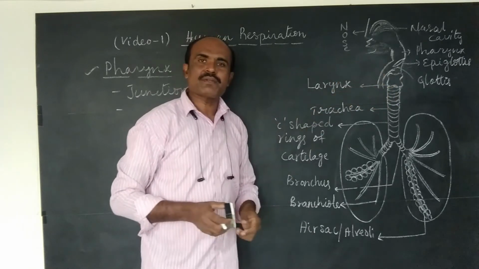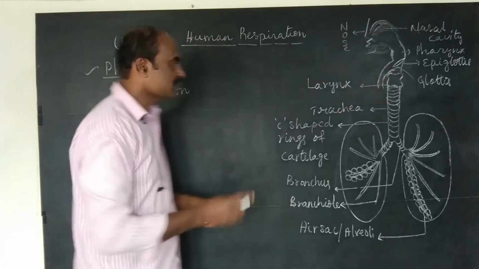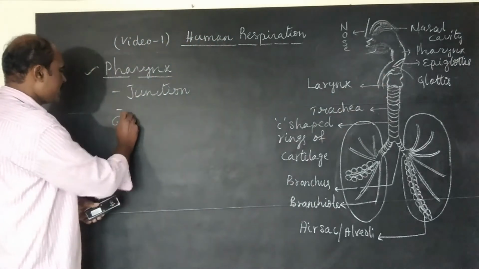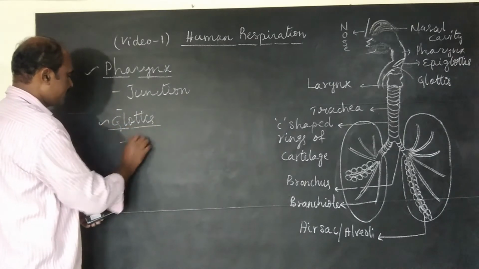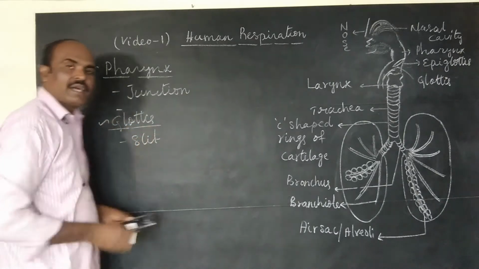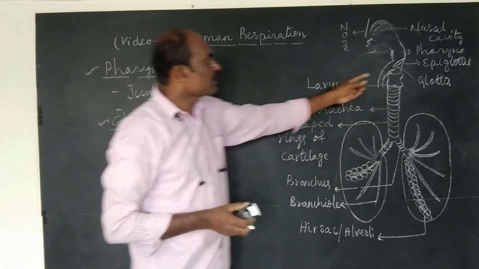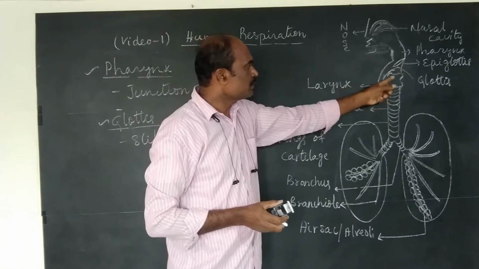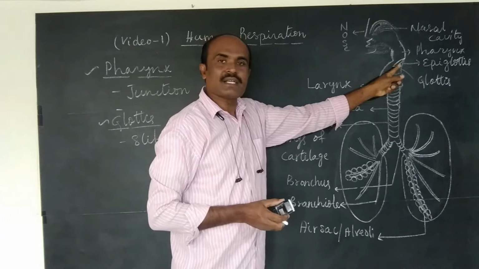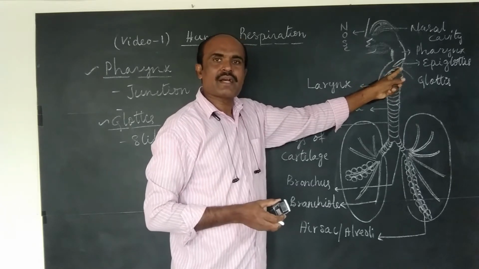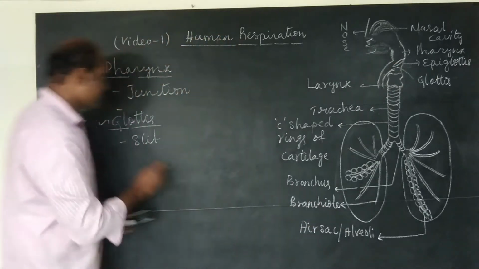So before going to larynx, let us talk about what is glottis. See, this glottis is a slit, a narrow passage, a narrow opening. This opens into larynx, and this glottis is covered by epiglottis. What is epiglottis?